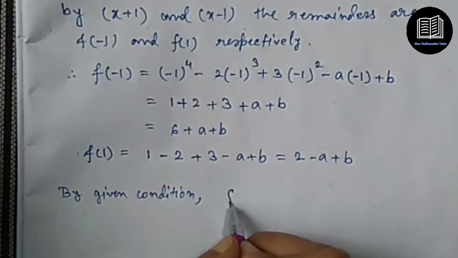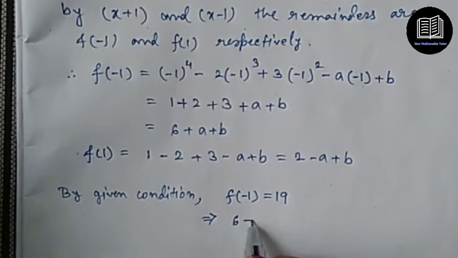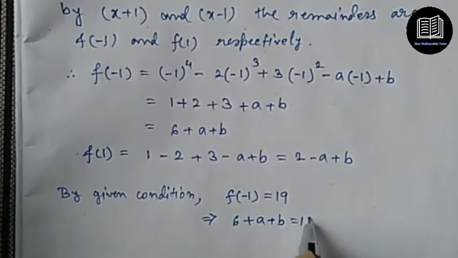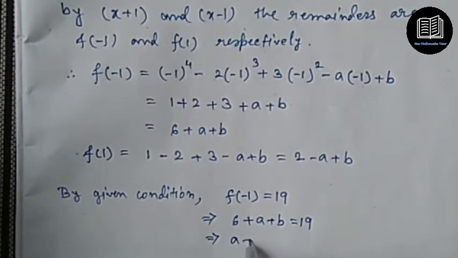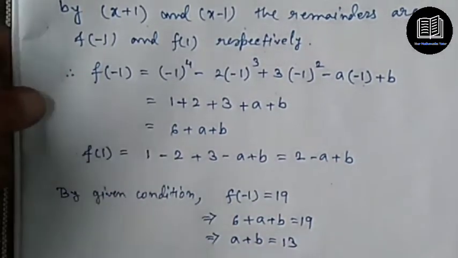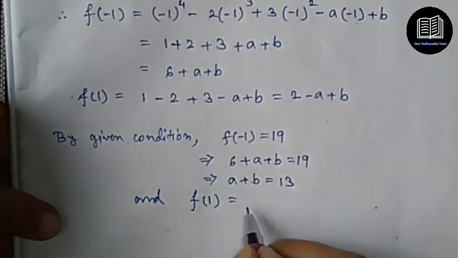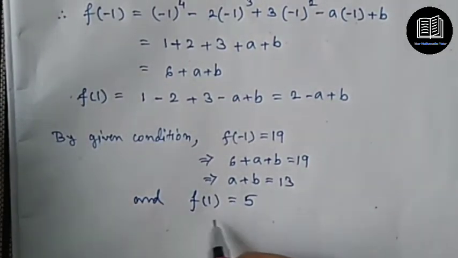That is f of minus 1 equals 19. That is 6 plus a plus b equals 19. Implies a plus b becomes 19 minus 6. That is 13.